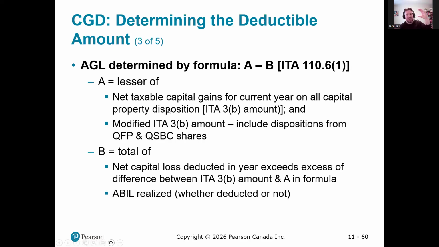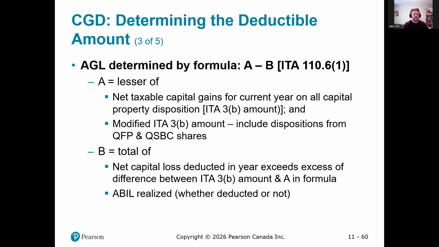A is how much of the capital gains did you recognize this year related to a qualifying small business? And then from that gain, we can subtract net capital losses deducted in year that exceed the formula in A, and ABILs realized. That basically says if I have a net capital loss, that's going to subtract from A. If I'm using any of my allowable business investment loss, that's also going to subtract how much of my capital gains deduction I can use.